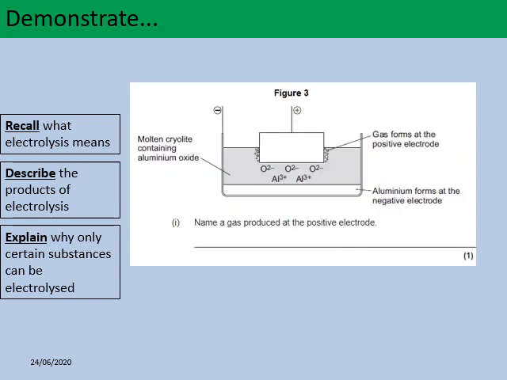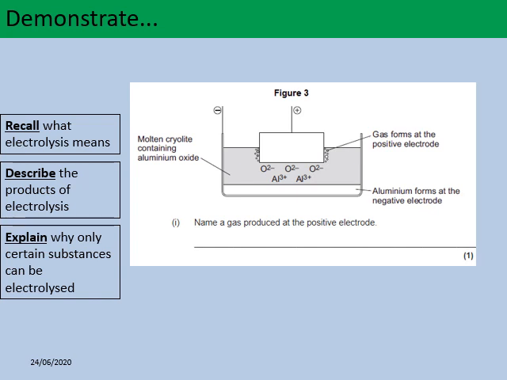This one has given you quite a complicated looking diagram. You'll notice that the electrolysis cell in this example doesn't look like the ones that we've seen before. The ones we've seen before have a beaker with a positive and negative electrode dipped into them. This one has the negative electrode as the container and a positive electrode dipped into it. So it's a slightly different arrangement, but the theory is exactly the same.